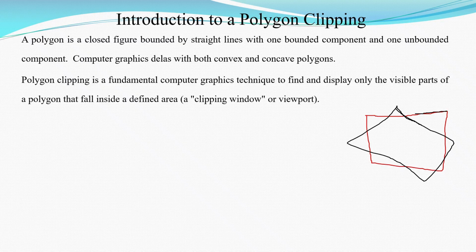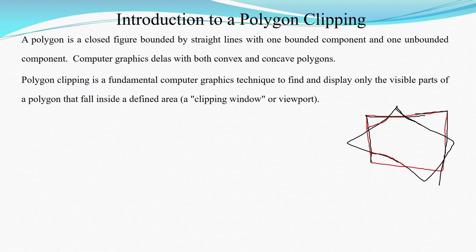This is the window viewport. The polygon edges are coming outside. So how do we clip this, and how will the polygon look after clipping? We just clip the line. This is your clipped polygon.